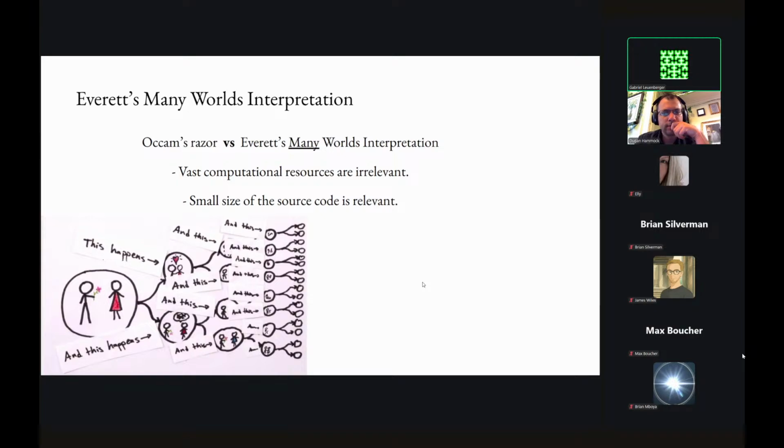The many worlds approaches or many history approaches to quantum mechanics, what matters is only the size of the source code, essentially. And that source code can be quite small. So many worlds survives Occam's razor.